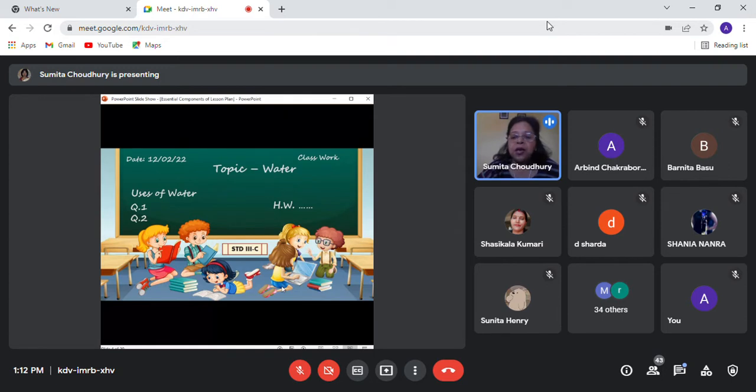So teachers, please, you can use the chat box to write any component you might have found in this picture. Teachers, I am waiting. You can share your opinion, any component's name.